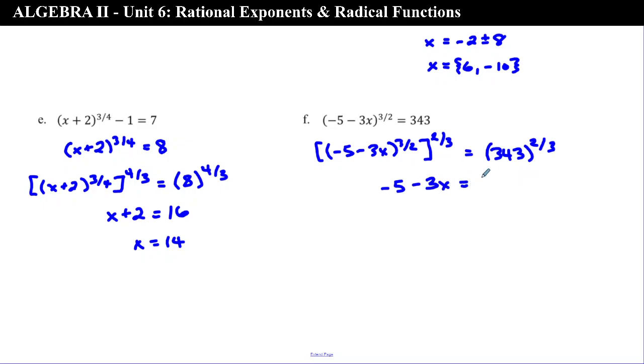On the right-hand side, you're going to have 49 when you put that in your calculator. Then, from here, it's just solving. Add 5 to each side. You get 54 on the right-hand side. And then divide by -3, and you get x equals -18. And there you go. So nothing really too complicated. Once you get the power by itself, you raise each side to the reciprocal of that power, and you are good.